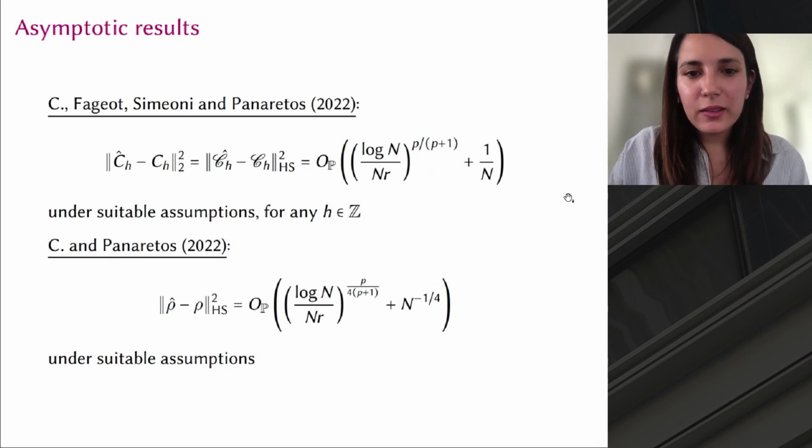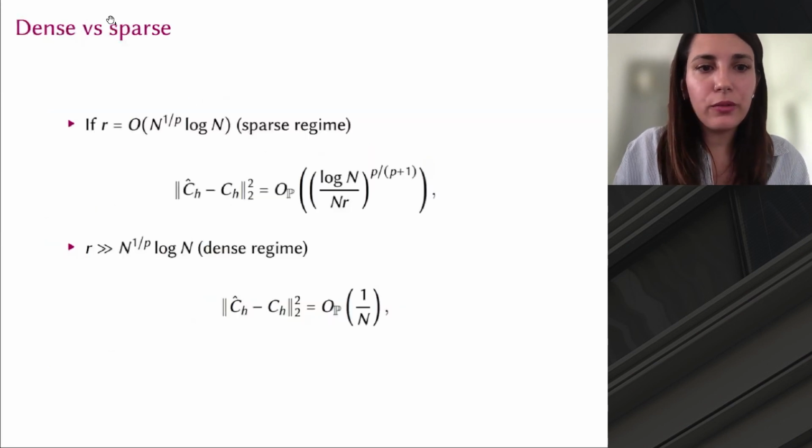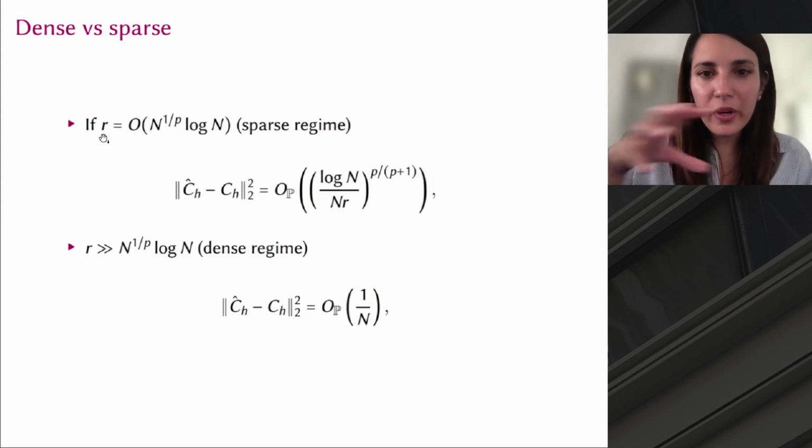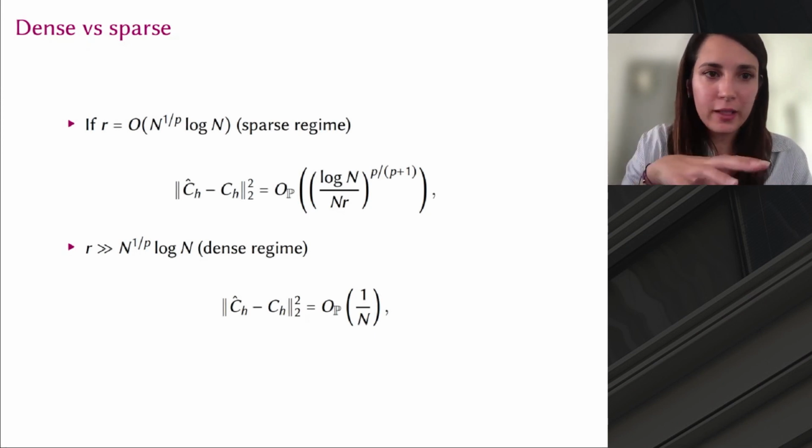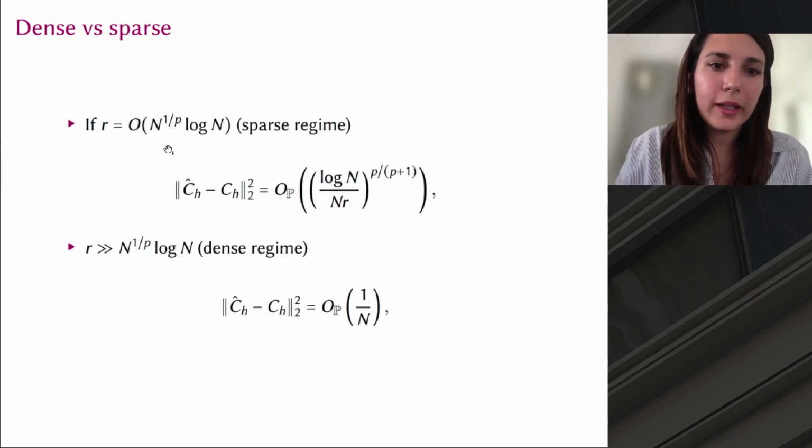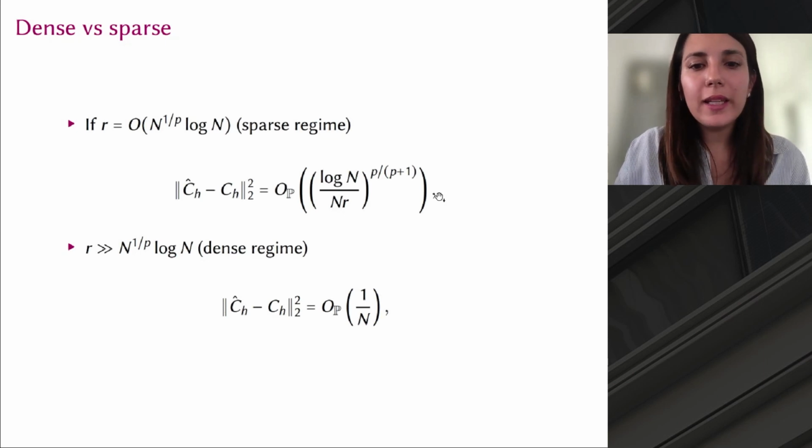The nice thing is that we can see a kind of phase transition in this rate. If we are in a really sparse regime, so the number of points per curve is bounded by this quantity, then the leading term is this term, which is a nearly non-parametric kind of rate, where the regularity of the function C_H, expressed by P, appears.